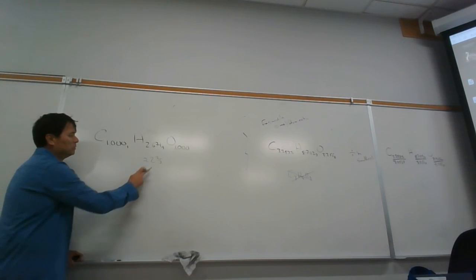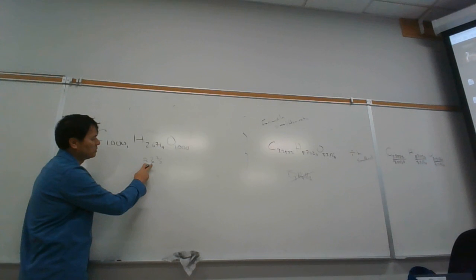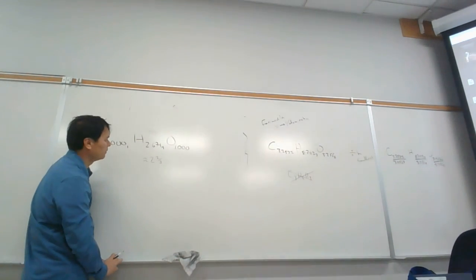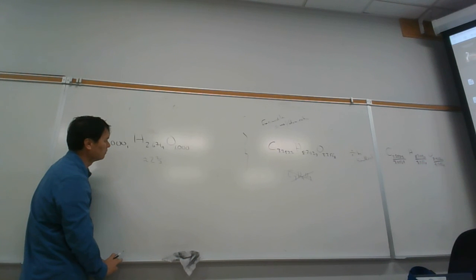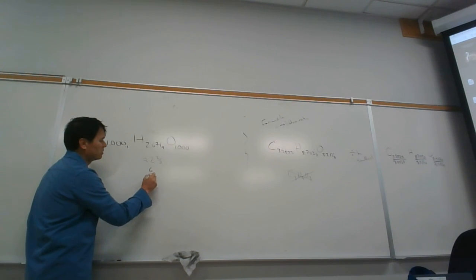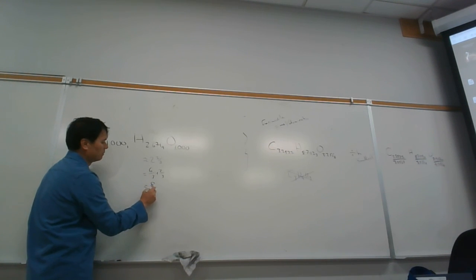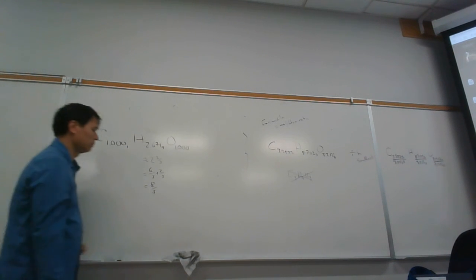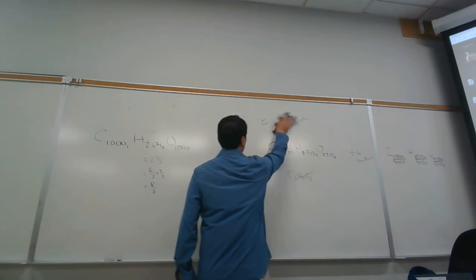And so if it's 2 2/3, then this is what I'm going to do. 2 is 6/3. So 6/3 plus 2/3 gives me 8/3. Roughly.